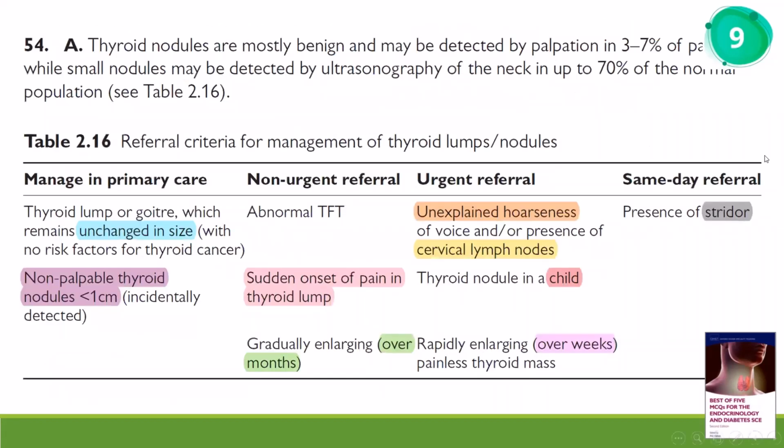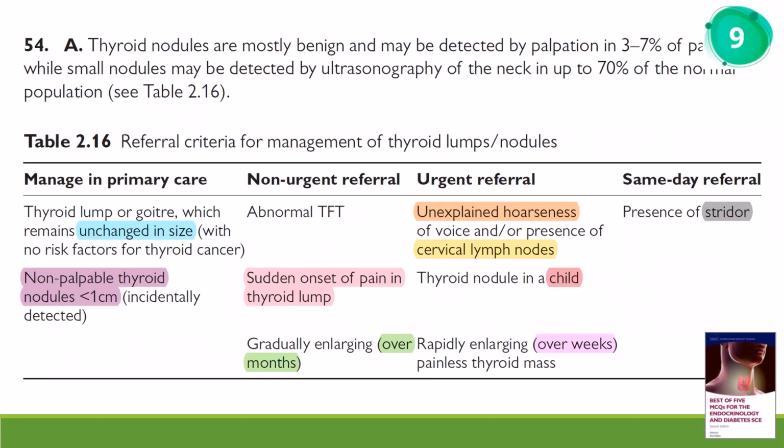And actually, this table is from the guideline, the British Thyroid Association guideline. Manage in primary care if there is a thyroid lump or goiter which remains unchanged in size, or a non-palpable thyroid nodule less than 1 centimeter. Non-urgent referral if there is abnormal thyroid function test, sudden onset of pain in the thyroid lump, or a gradually enlarging thyroid nodule over months.